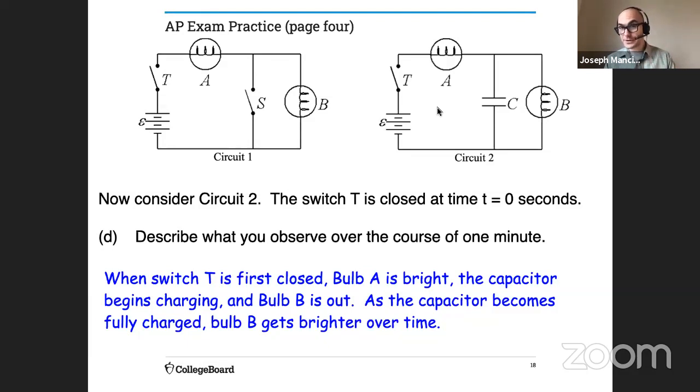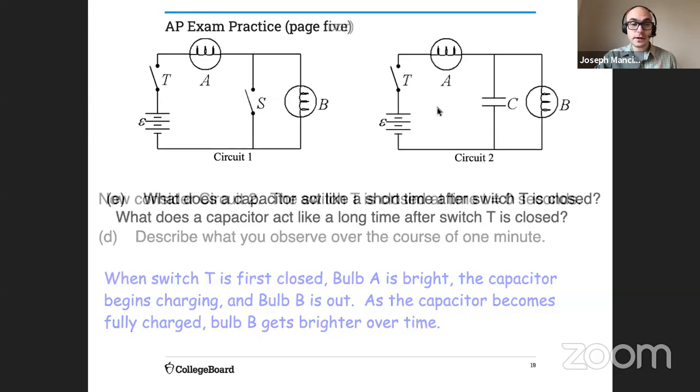As more current flows through bulb B, the total resistance of the circuit is increasing. That's a little bit counterintuitive, but that means that bulb A gets dimmer and bulb B gets brighter. All right.